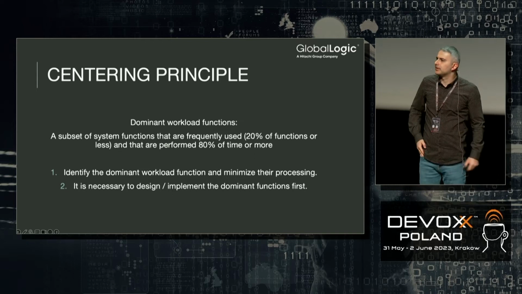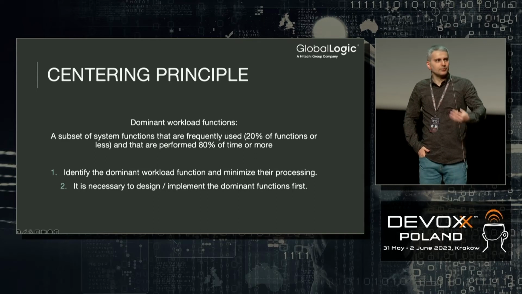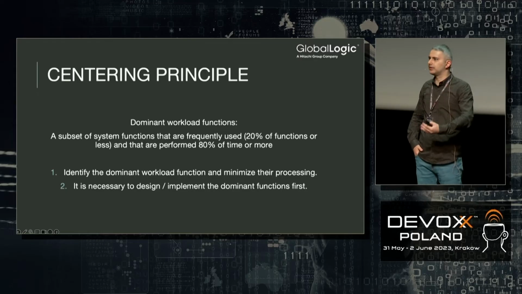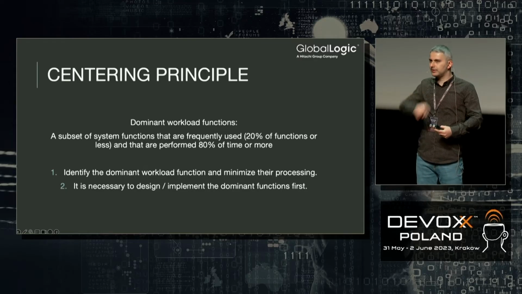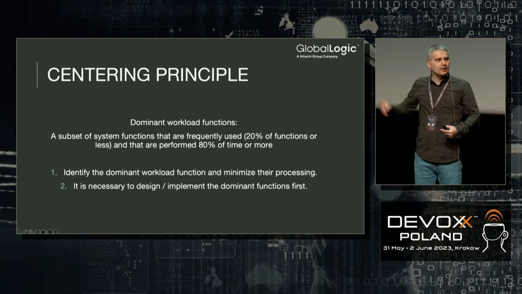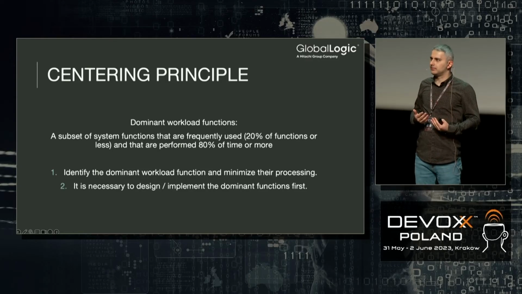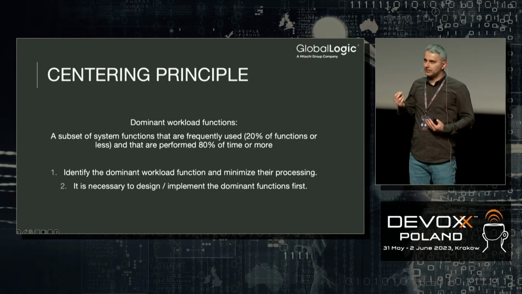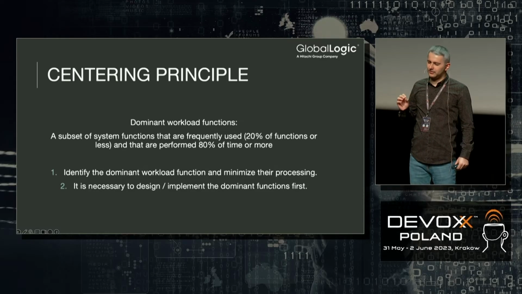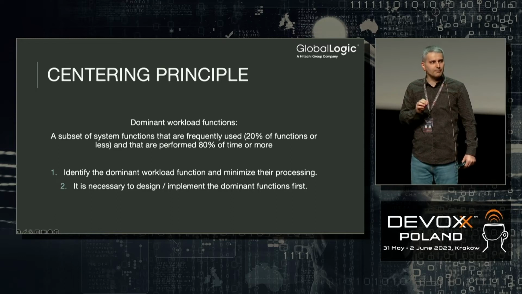You don't have to optimize everything. Don't overdo it. Don't over-optimize. Don't over-architect. Remember, it is an iterative process in sprints. You need to pick dominant functions. After you're measuring, 20% or so of the system, I'm just using the Pareto rule, like 20 to 80, 20% of system functions are making the 80% of load impact.